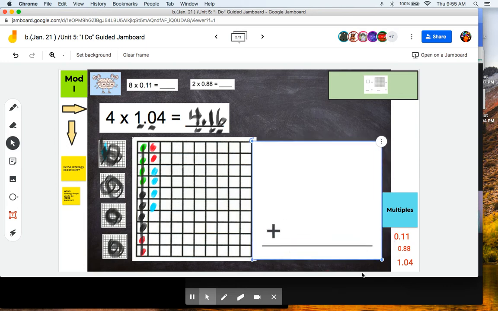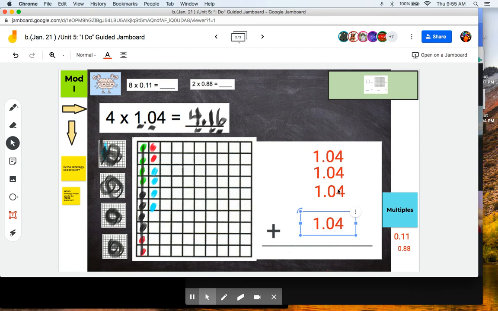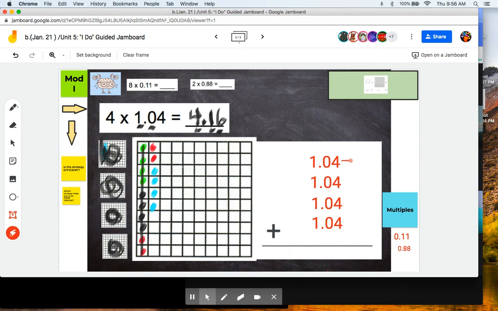Using repeat addition, 4 groups. 1 and 4 hundredths plus 1 and 4 hundredths plus 1 and 4 hundredths plus 1 and 4 hundredths. Decimal points lined up. 4 three times. 4 4 times is 16. Regroup.